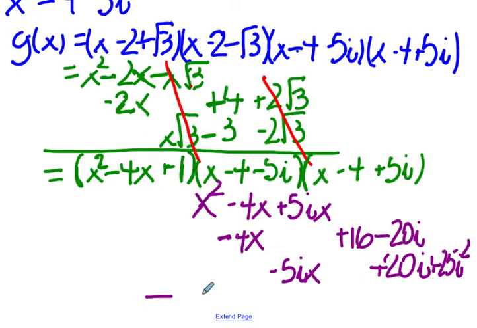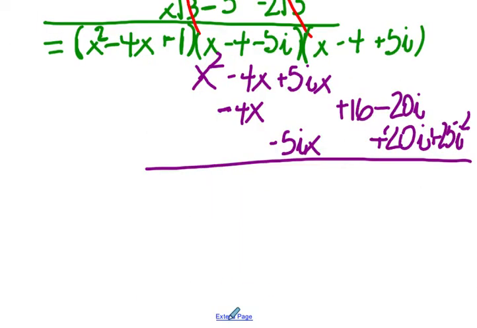So hopefully you notice here again that you have pieces that are going to cancel out. So 5ix and negative 5ix cancel out. Negative 20i and positive 20i cancel out. So if I combine what I have here, then I have x squared minus 8x.